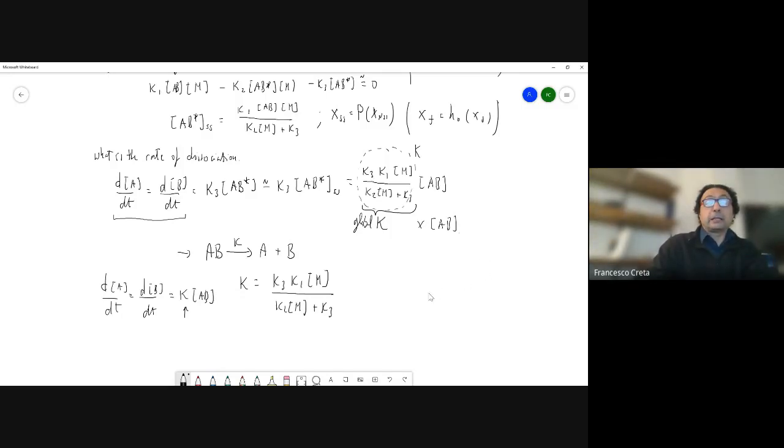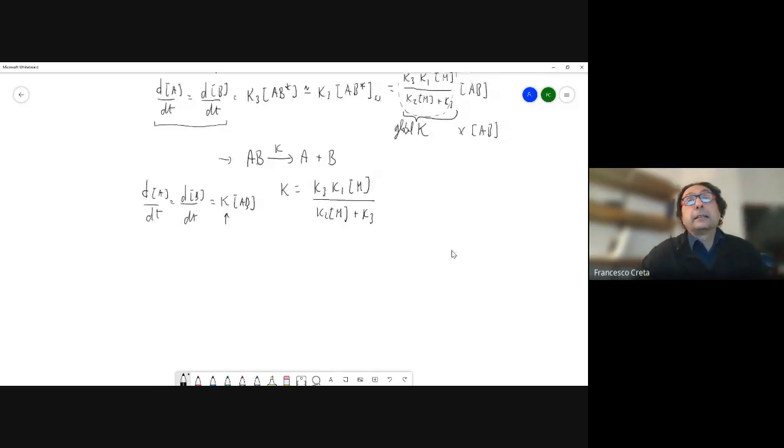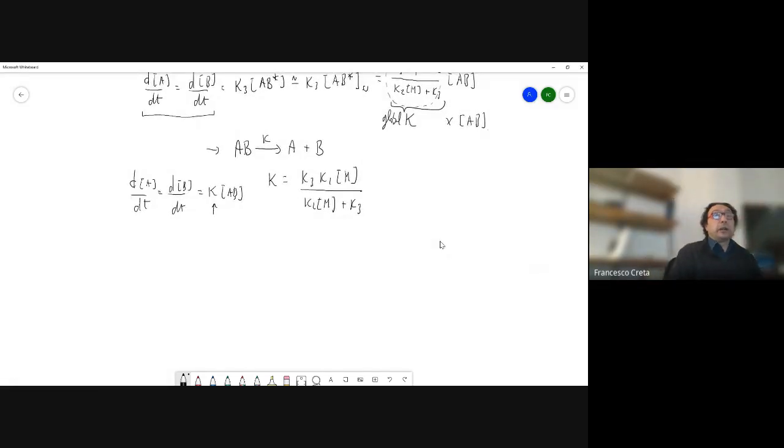But this will allow us to understand the fact that these kind of global reactions here, which express the dissociation of AB into A and B, are pressure dependent. Why? Well, first of all, remember that from the equation of state, PV is the number of moles times RT.